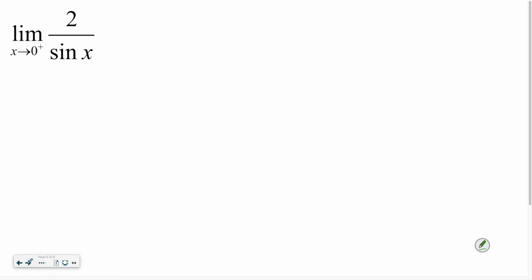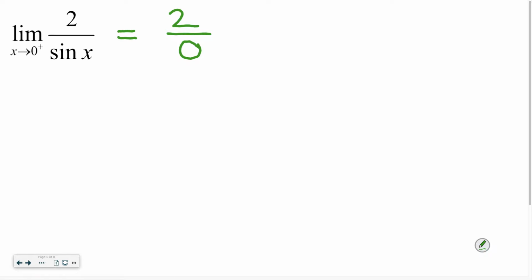With direct substitution, we can see that we have 2 over the sine of 0, which is 2 over 0. So algebraically, there's nothing we can do.